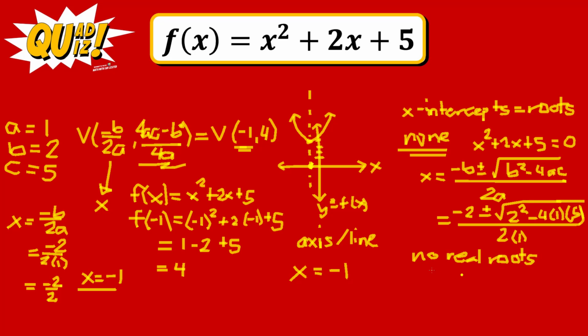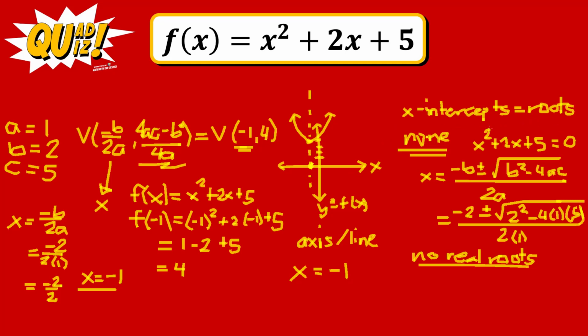But since there are no real roots, this connects to the idea that there are no x-intercepts, because the x-intercepts are related to your roots. If our graph will intersect the x-axis, the number of intersections tells us the number of intercepts, and automatically that is also the number of roots.